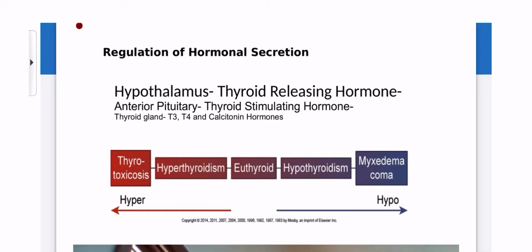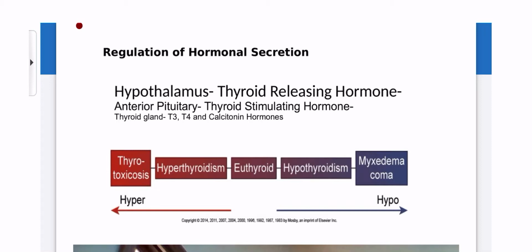So the whole idea here is that we would maintain the body in a euthyroid state. In other words, normal thyroid function. And we saw the process where it's thyroid releasing hormone from the anterior pituitary to the thyroid stimulating hormone affecting T3 and T4 and calcitonin.